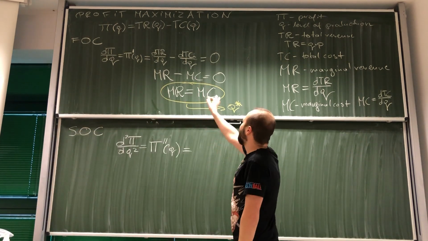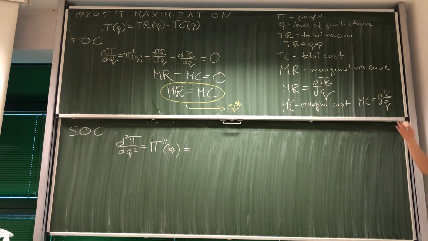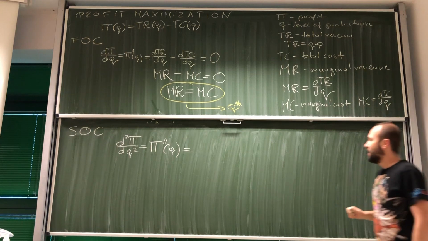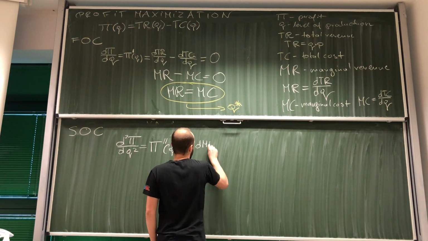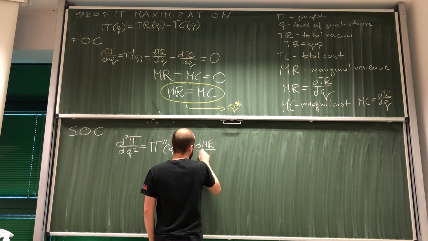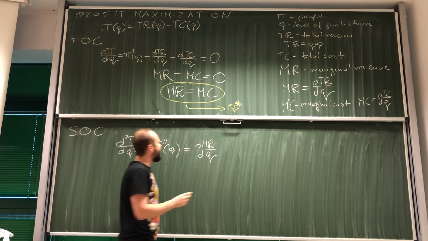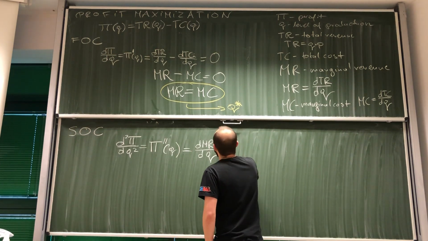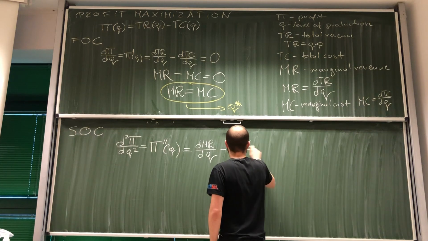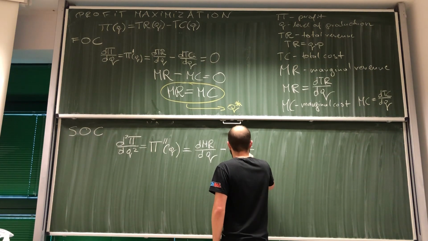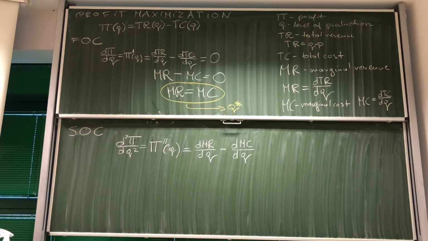Because we do not have a specific form of the function, just a general form, all we can get here is dMR dq, the derivative of marginal revenue, minus the derivative of marginal cost with respect to quantity.